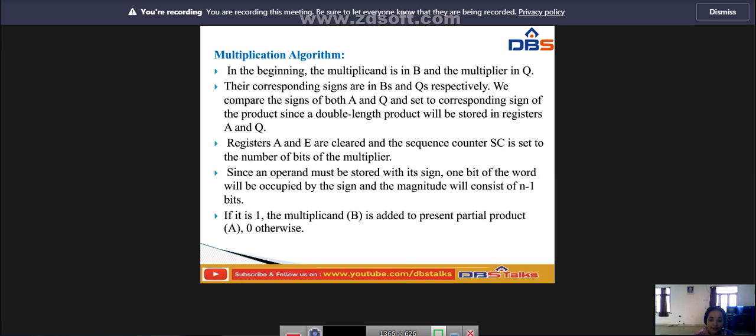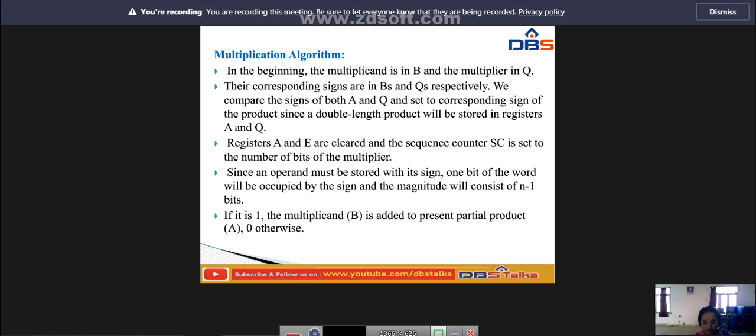If the multiplier bit is 1, the multiplicand B is added to the present partial product, that is A, otherwise it will be 0.